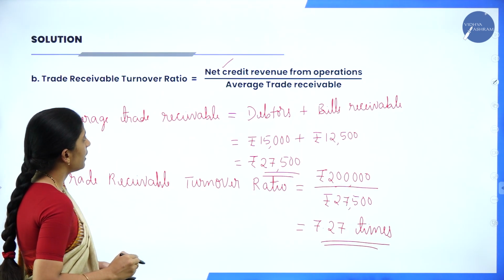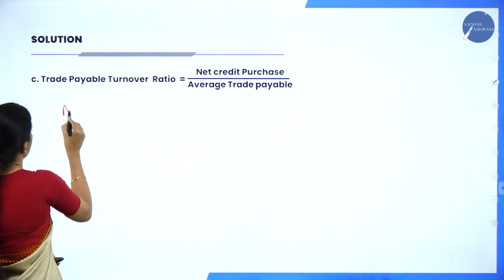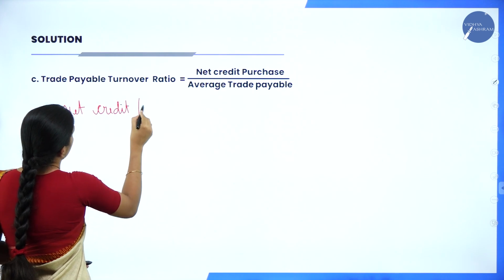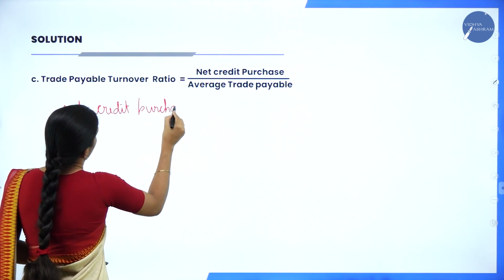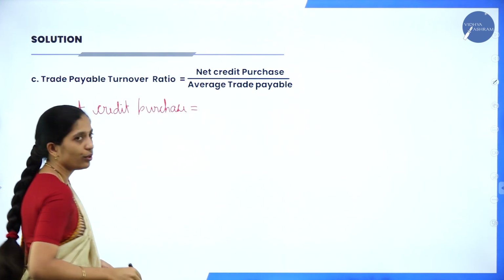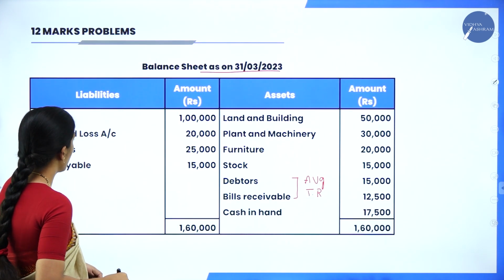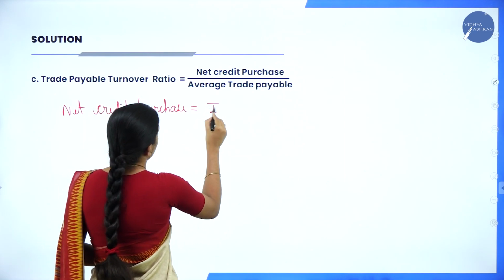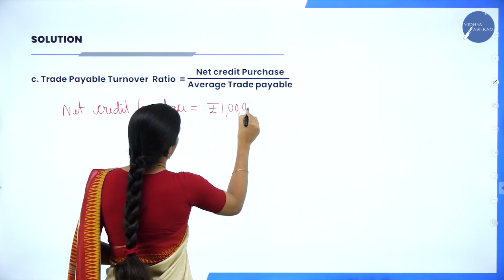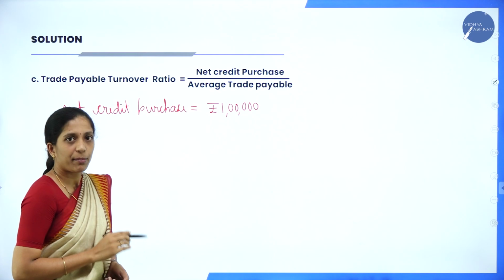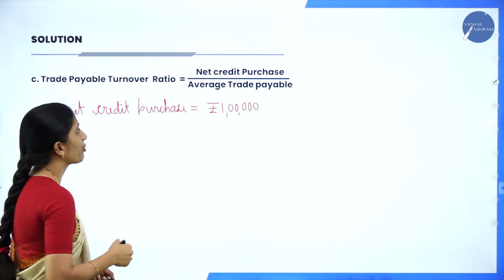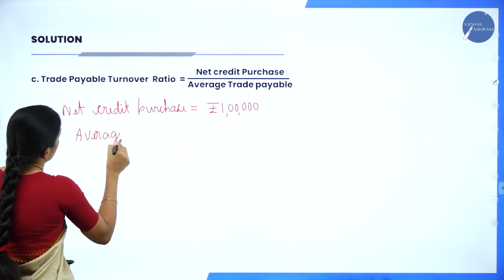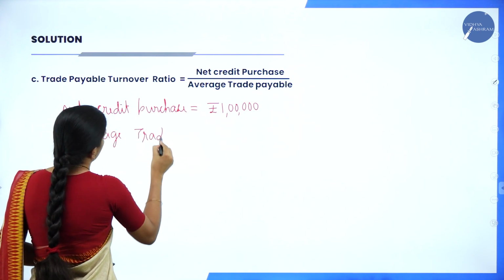So net credit purchase is rupees 1 lakh. Now, average trade payable they have not given us directly, we have to find out.